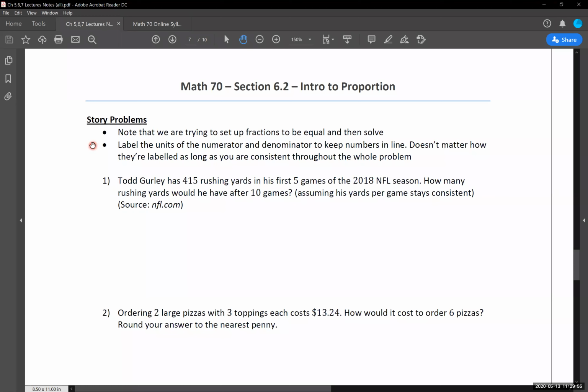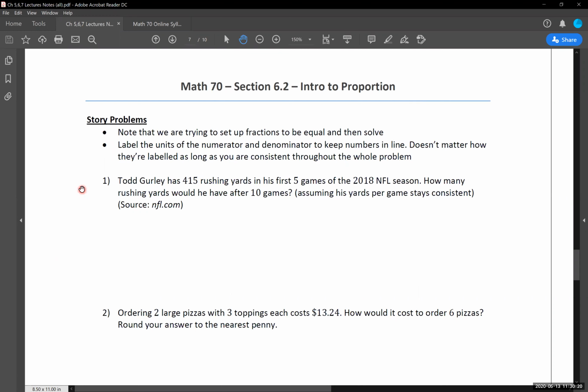You will still get the exact same answer as long as you stay consistent throughout the entire problem. These little bits of initial setup go a very, very long way as we're solving these. And I'll get to what I mean by labeling the numerators and the denominators when we get into these examples, which we're going to go through right now.